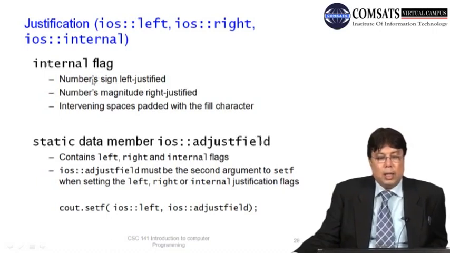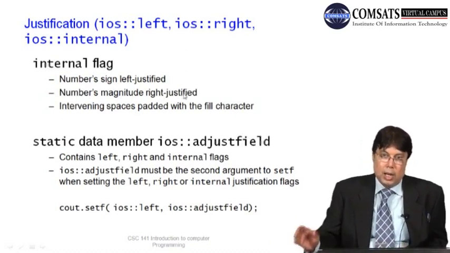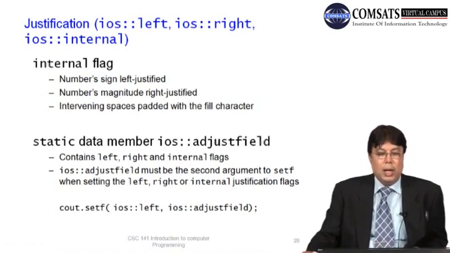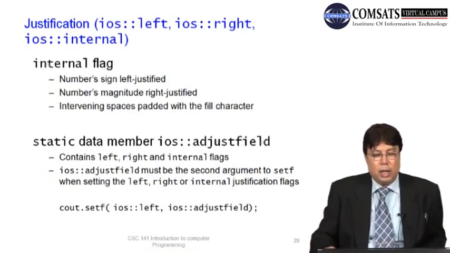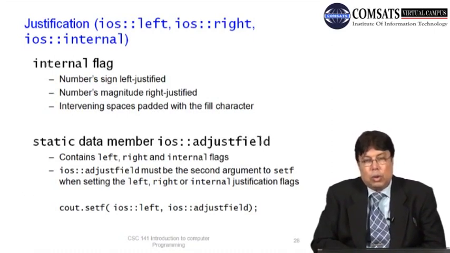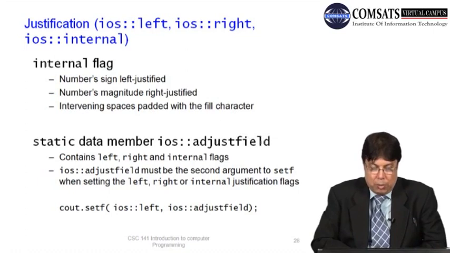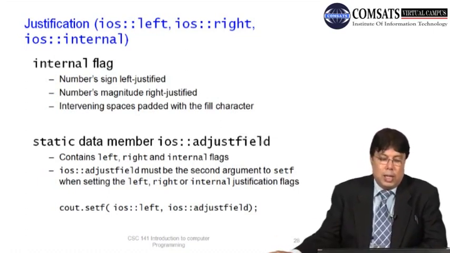So the internal flag: the number sign is left justified, the number magnitude is right justified, the sign comes on the extreme left, the number then comes on the extreme right, and the intervening spaces are padded with the fill character. So in between, if you have not defined the fill padding character, by default it is spaces, but if you have defined one, then whatever you have defined will be used as the padding.